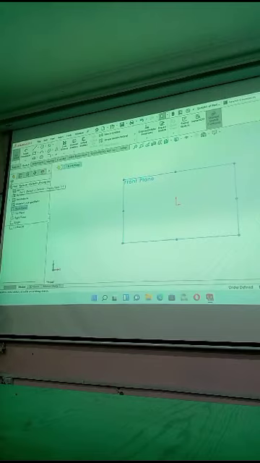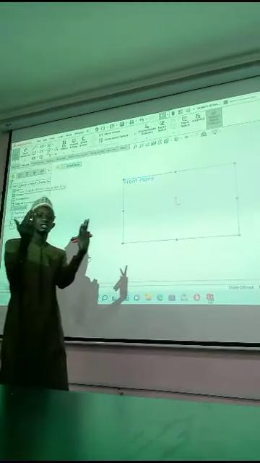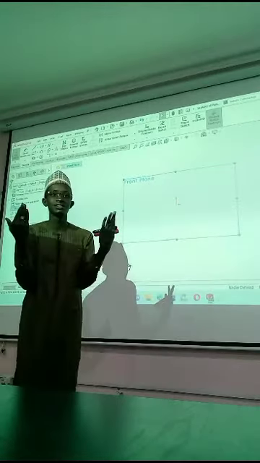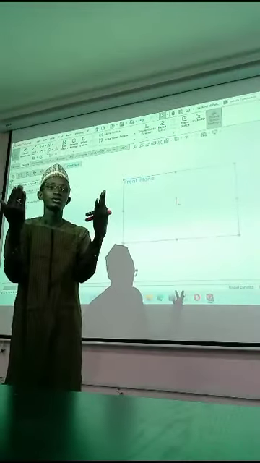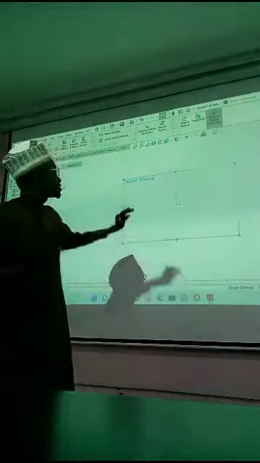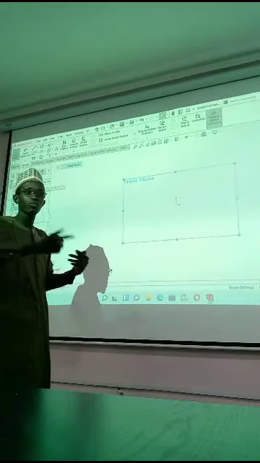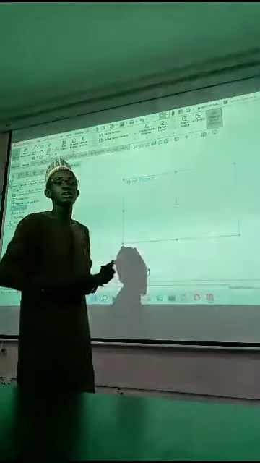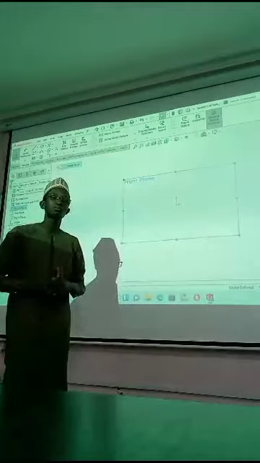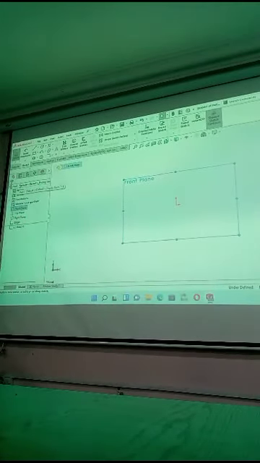It's just like you looking at your mirror. You are going to see your reflection. It's a copy of you, showing in the mirror. So the same thing applies to this. What you mirror is a copy of that original object, maintaining the same distance from point A to point B.